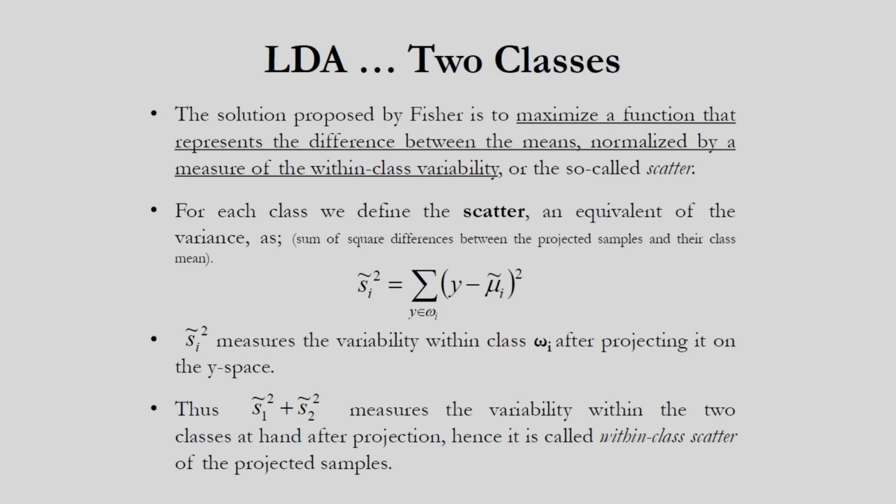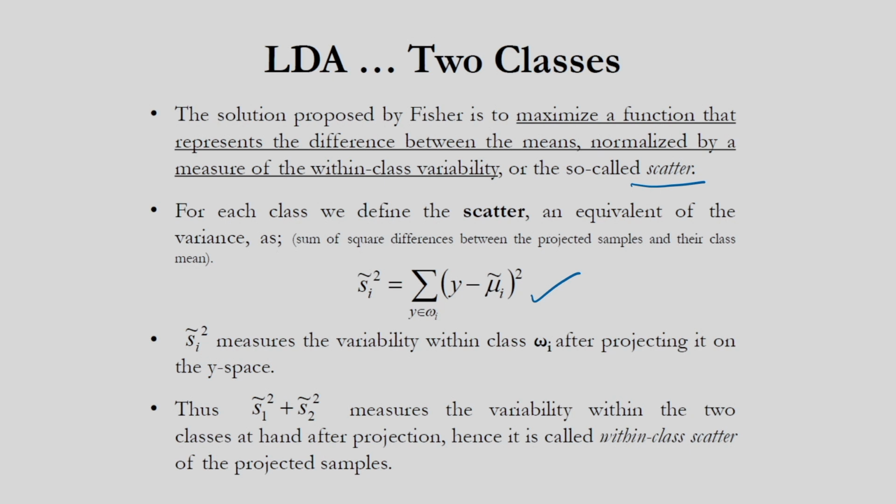So I am considering the measure of the within class variability, and I can consider it as a scatter. For each class we define the scatter, equivalent to the variance. That is the sum of square differences between the projected samples and their class mean.